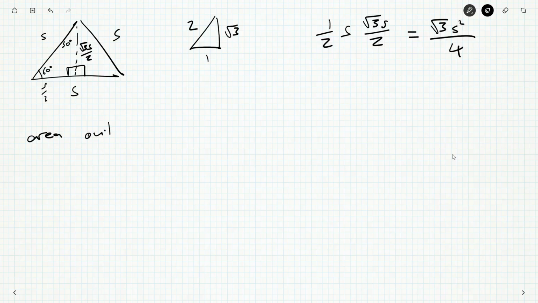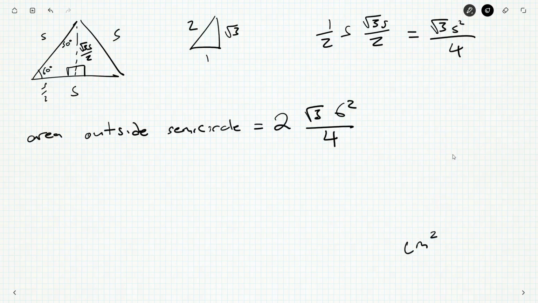So the area outside the semicircle is 2 times root 3 times 6 squared over 4, and they did give us centimeters, so our final answer should probably say centimeters squared. 2 root 3 6 squared over 4, those are the 2 triangles that make up the parallelogram, minus the 60 degrees out of 360 degrees pi slice of the circle, and the radius here is also 6 squared.